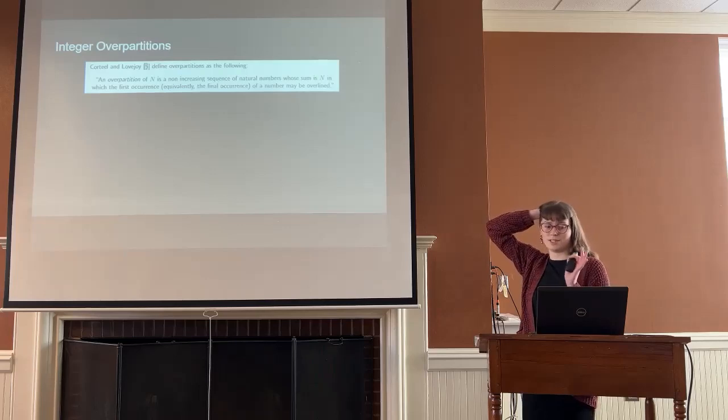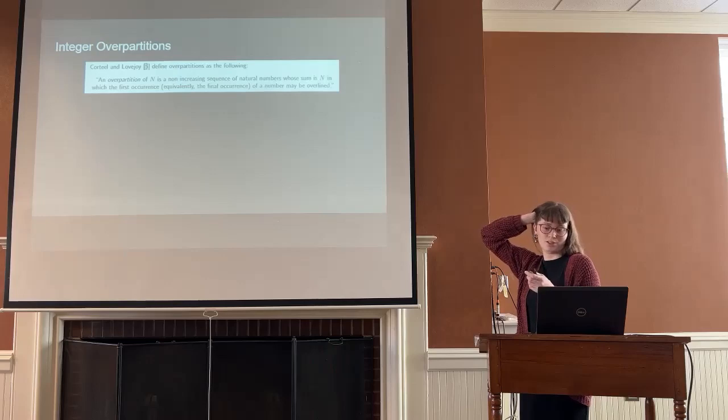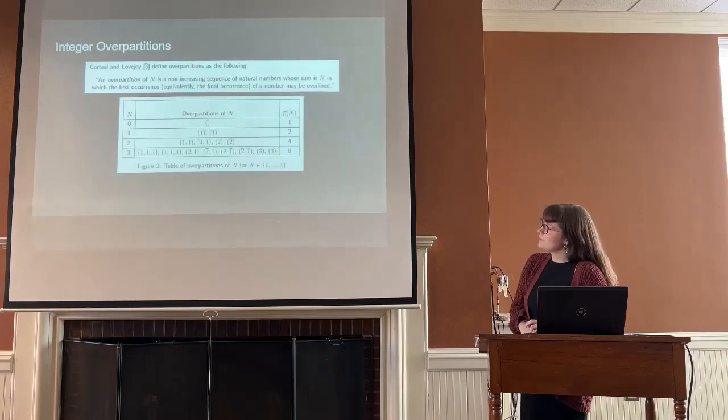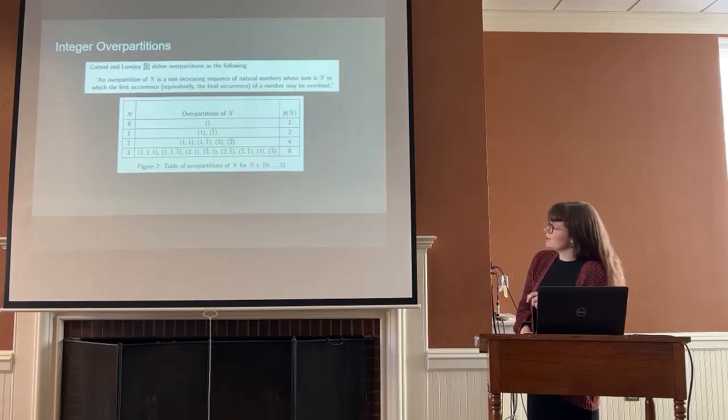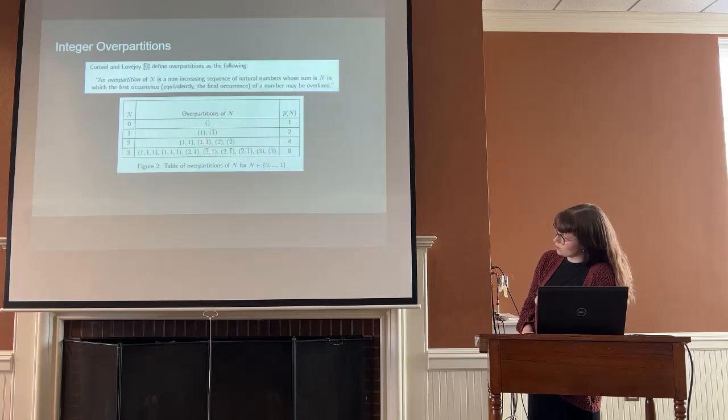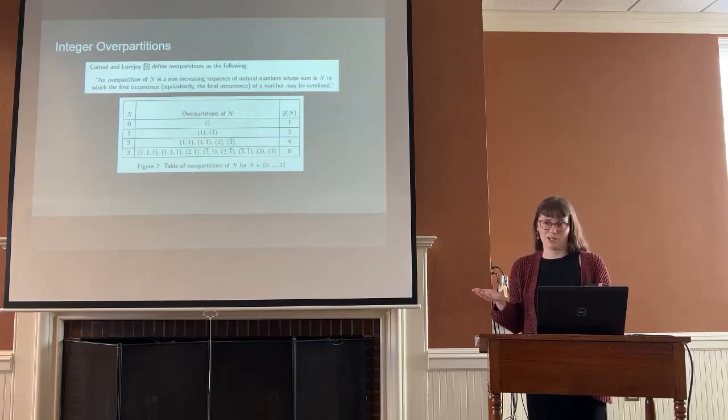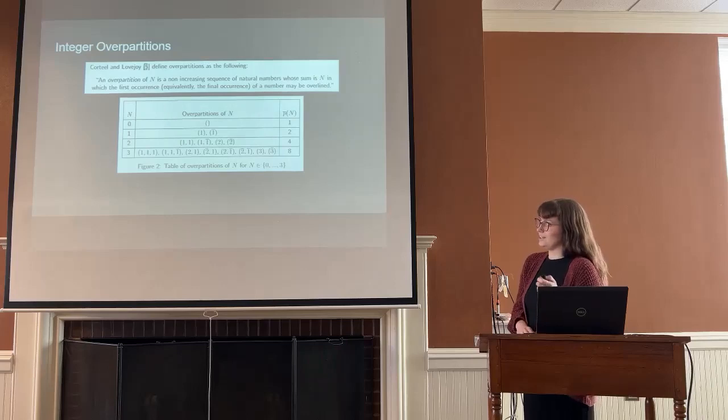So the first occurrence of a distinct part of a partition may be overlined for over-partitions. So here we have the partition 1 plus 1 of 2, and then the last occurrence of 1, or equivalently the first, it doesn't really matter, may be overlined.